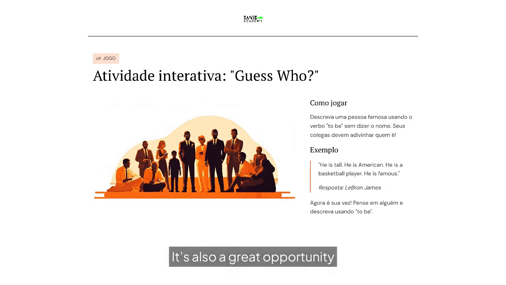It's also a great opportunity to think about the different ways we can describe someone, using details that help others visualize who we mean. Think about your favorite celebrities, athletes, or historical figures. How would you describe them? The goal is to use the verb to be effectively, just as we discussed in previous slides. This not only helps you practice, but also enhances your ability to communicate clearly and accurately.